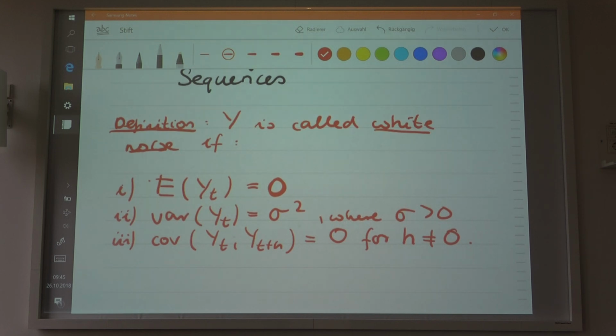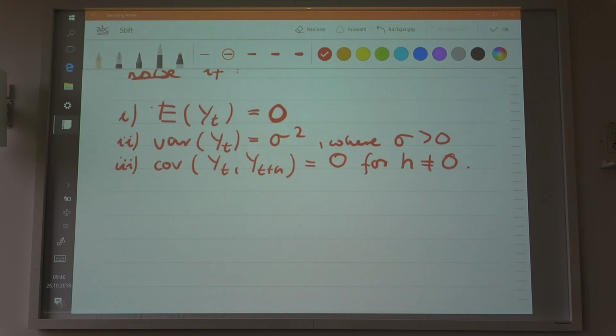So here the process is not serially correlated. Any process which has a mean zero, a constant variance, and a zero autocovariance is basically called a white noise process. Obviously, that is true for all t. Okay, you understand?